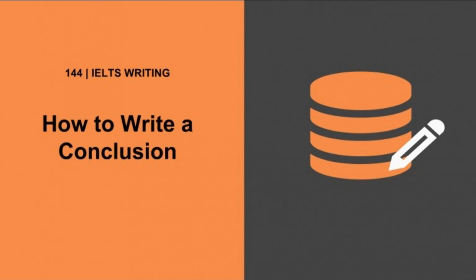Let's have a look at two conclusions. I want you to decide whether these conclusions are good or bad. I'll give you some background about the essay. The essay is basically talking about positive and negative aspects of globalization, and asks for your opinion.